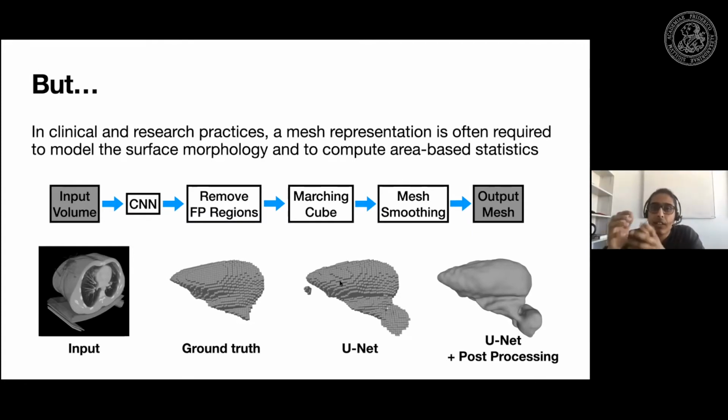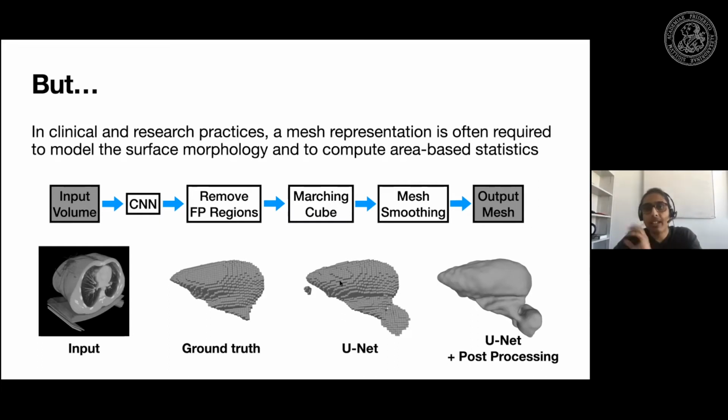But even once you obtain the mesh, what you notice is that it is corrupted by pixel noise or voxel noise. What I mean is that it's a discrete grid, and this discrete grid results in a non-smooth surface when you obtain the surface mesh.